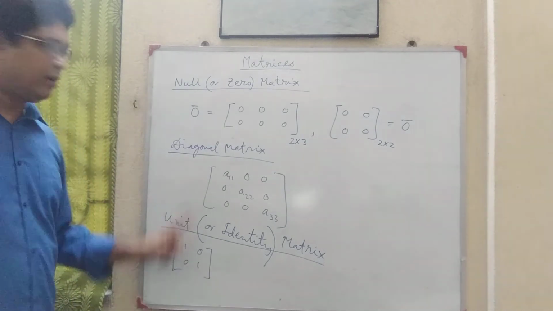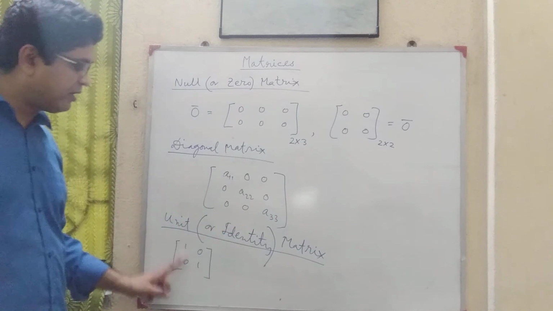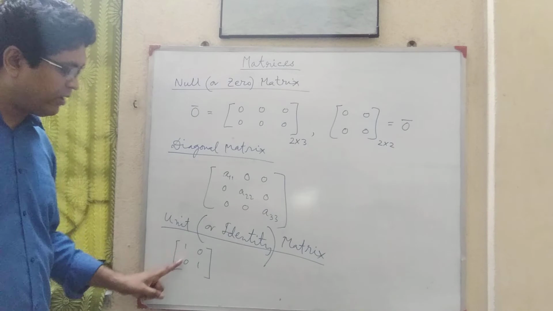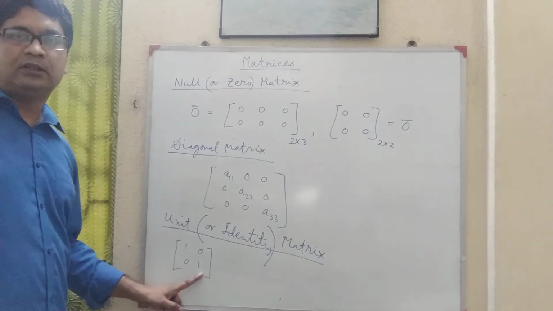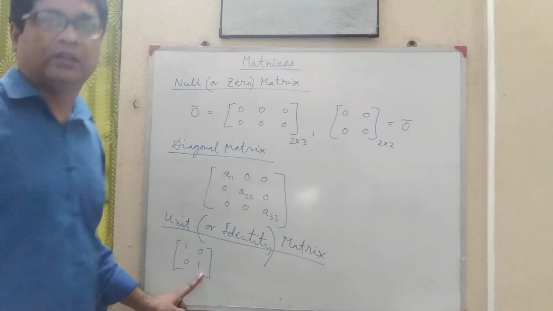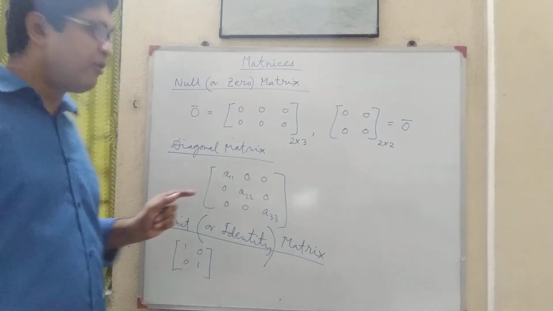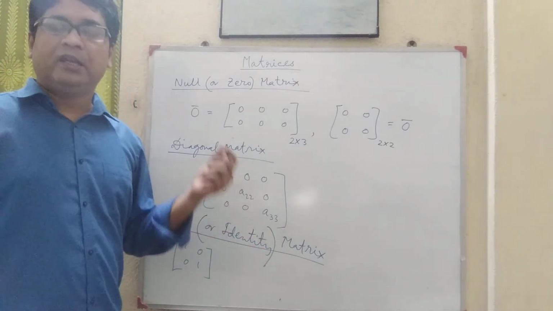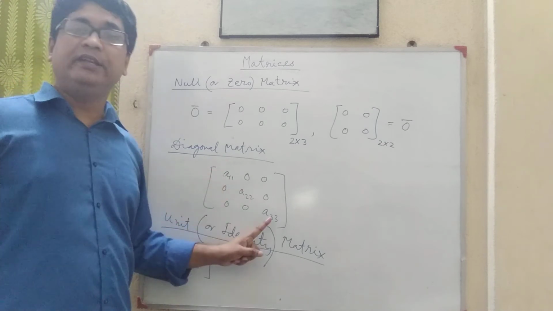As I said, in a diagonal matrix all non-diagonal elements should be 0. So the unit or identity matrix is a diagonal matrix, with all non-diagonal elements 0, but the diagonal elements all 1. When we say diagonal elements, we are referring to the principal or leading diagonal.